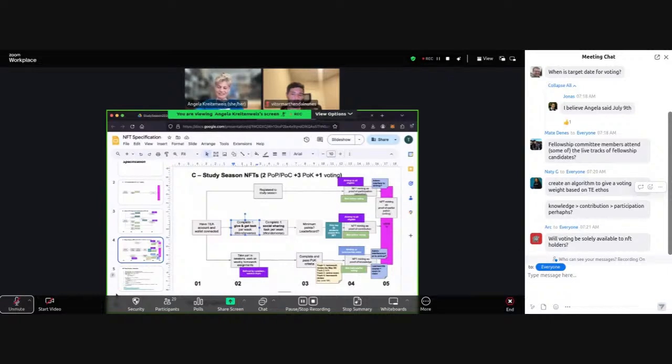Could we imagine kind of a complex vote where the candidates got points within different categories of accomplishment, where, say, participants would have a higher weight when it came to judging the pedagogical skills, but the committee members would have a higher weight when it came to judging the hard skills? Something like that, or is that too complex?